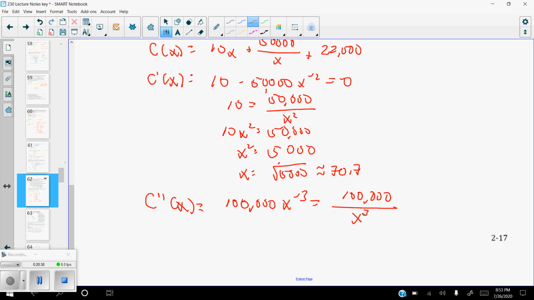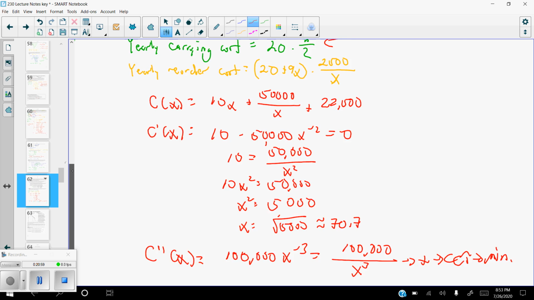Well, any positive value that I plug into there is going to be positive, and obviously we're talking about a positive number of items, so this is going to be positive, which means that it's going to be concave up, which means that this is a minimum. So we have now found the appropriate number of items for the minimum.